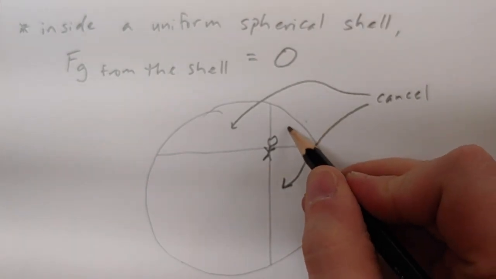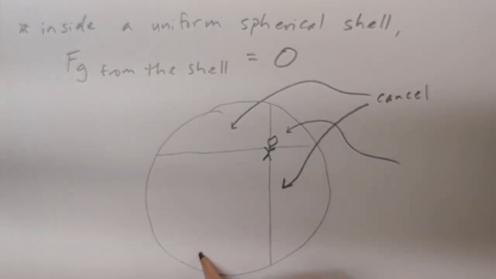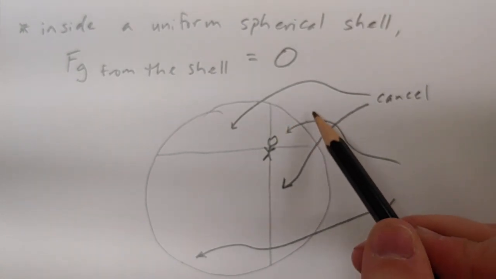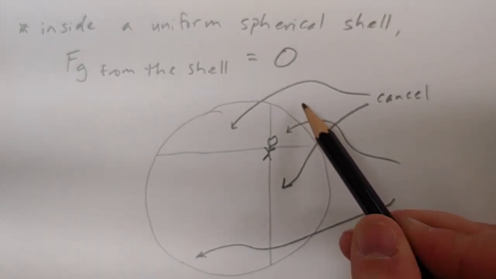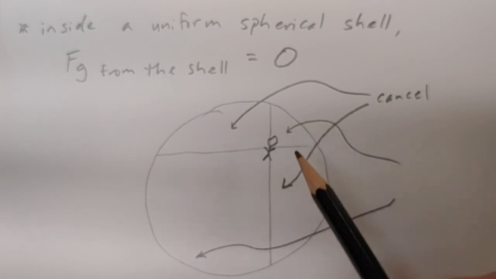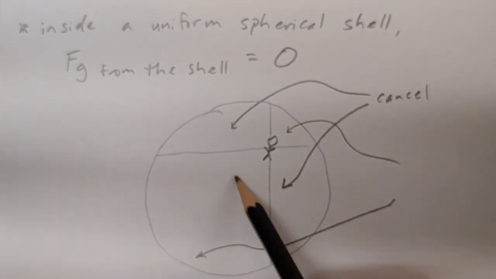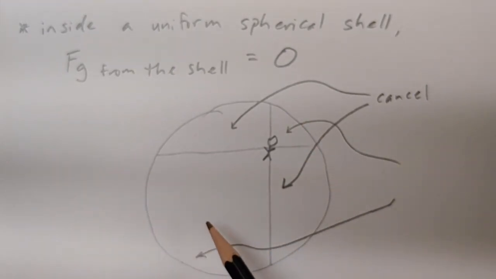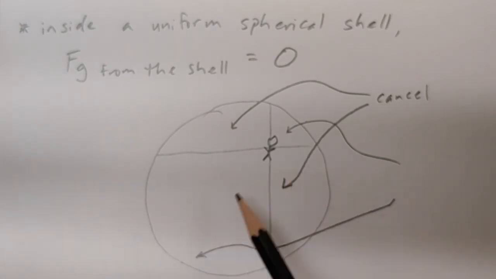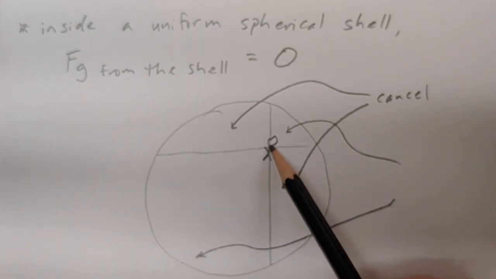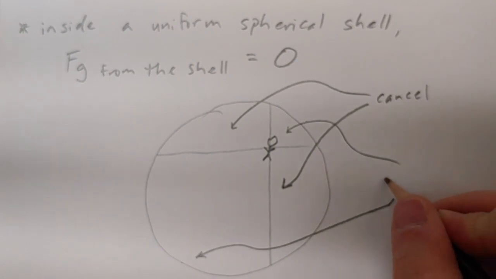And so what winds up happening is these two pieces wind up having perfectly opposite effects. This is a smaller amount of mass, but it is closer. And it winds up having the exact same amount of force of gravity as this larger chunk of mass that is further away. And so they wind up pulling equally hard in opposite directions on our person, and they also are going to cancel out.